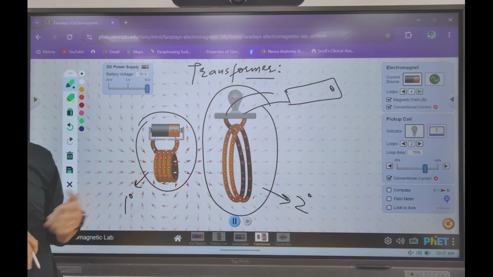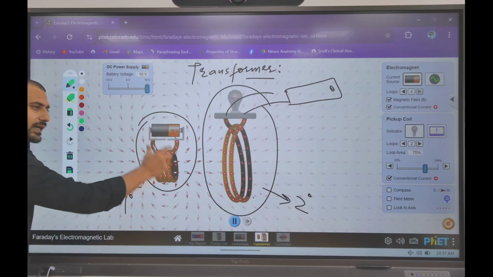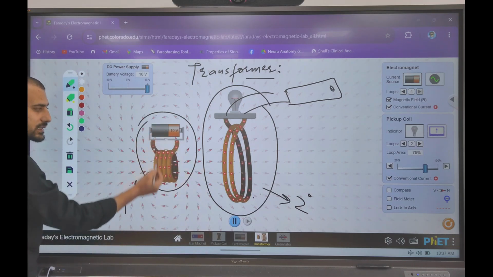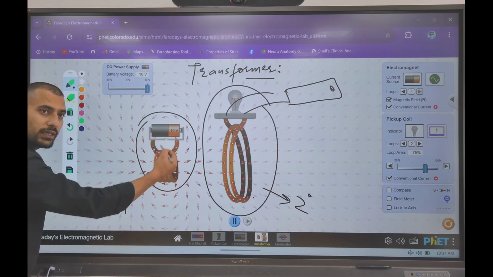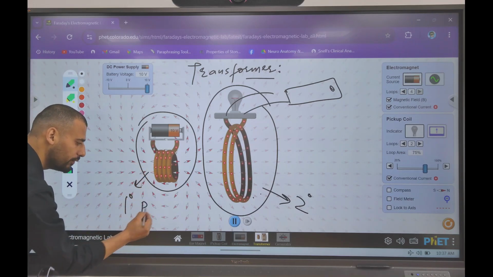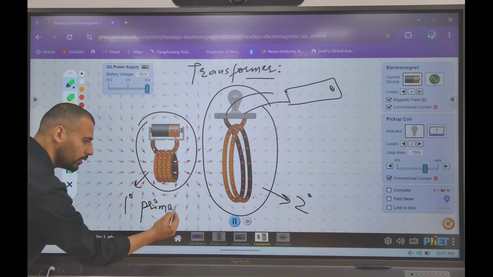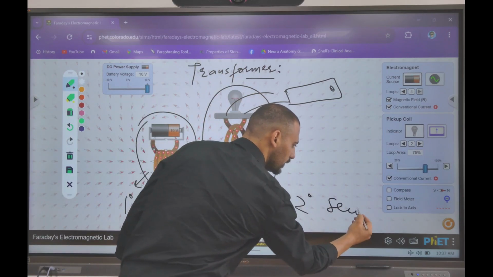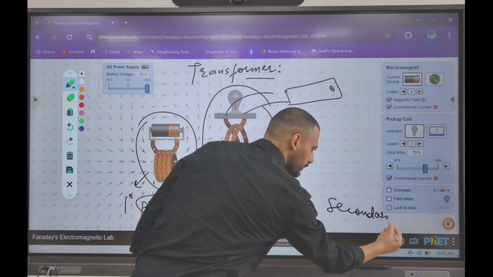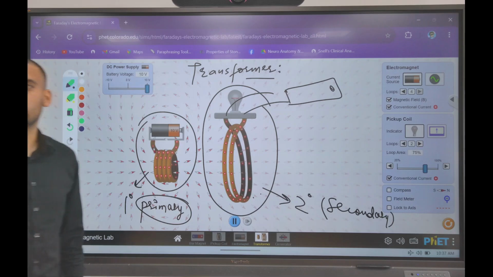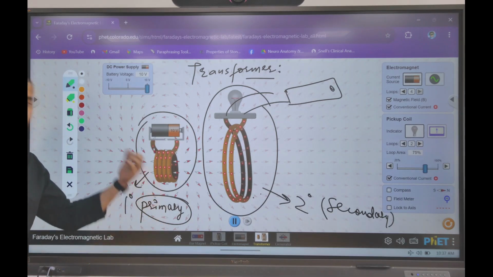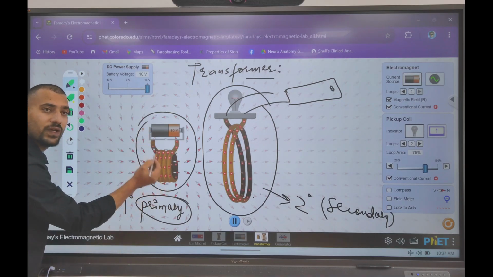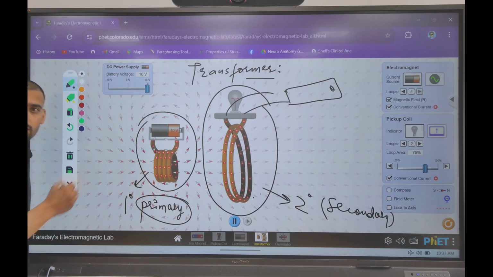See what happens. When you plug the adapter into the socket, the current starts to flow in this coil only. Which coil is this called? This is called the primary, and this is called the secondary coil. Understand a very important thing. When the current starts to flow in the primary coil, will it produce its own magnetic field?